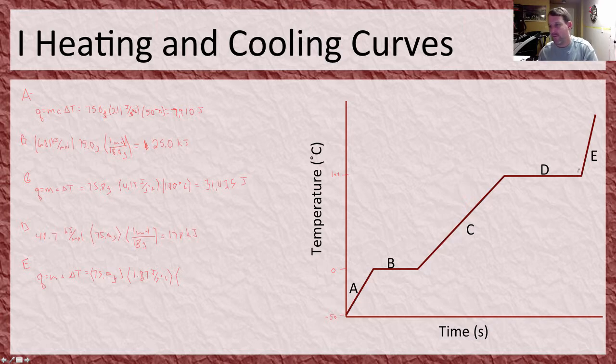So here we're going from 100 up to our top temperature of 175, so that's 75 degrees Celsius. We're almost there. 75 times 1.87 times 75, and that ends up being 10,500 joules.